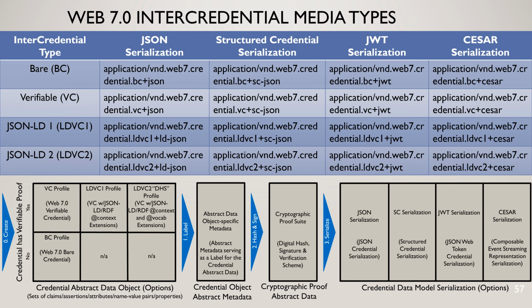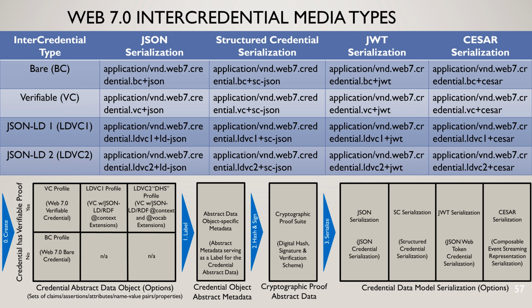As a follow-on to the InterCredential composition model, it gives rise to another taxonomic view of credentials, and that taxonomic view can also be used then to specify the media types, the internet media types, for the different categories of internet credentials.